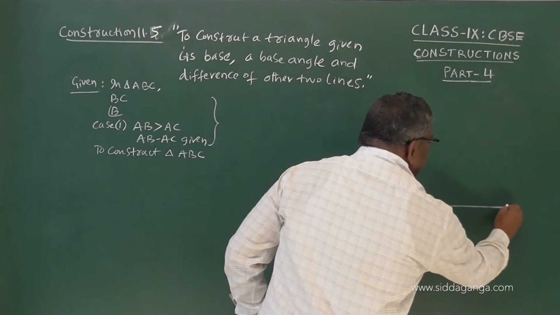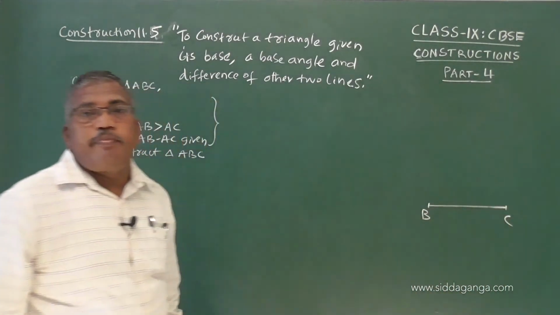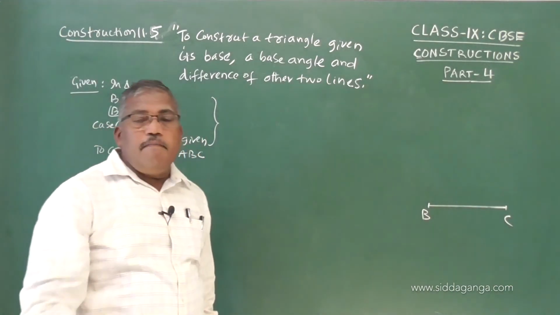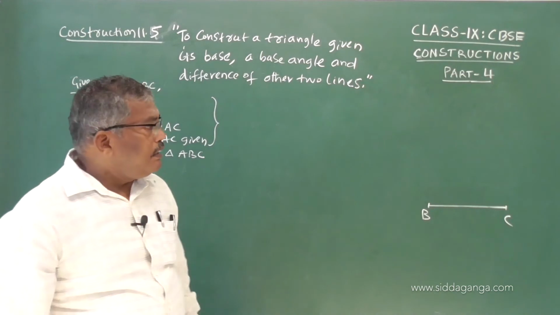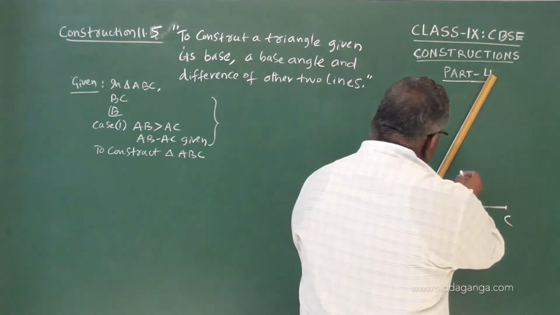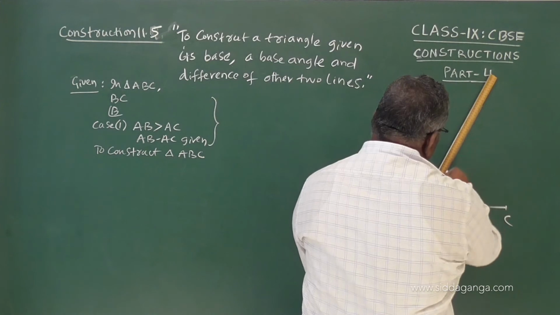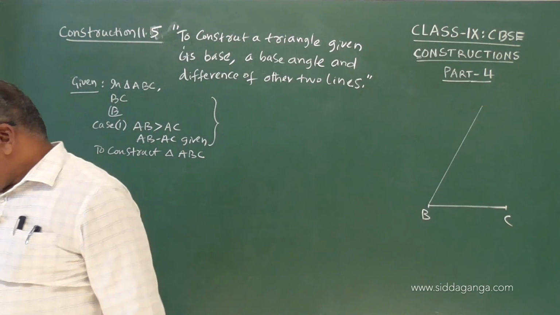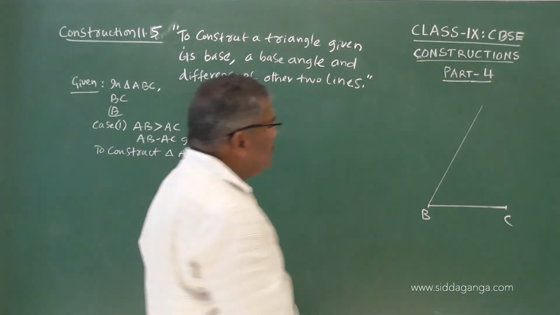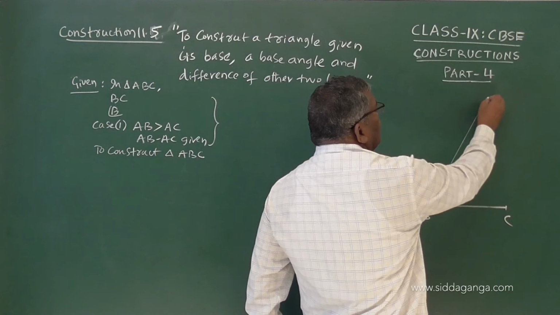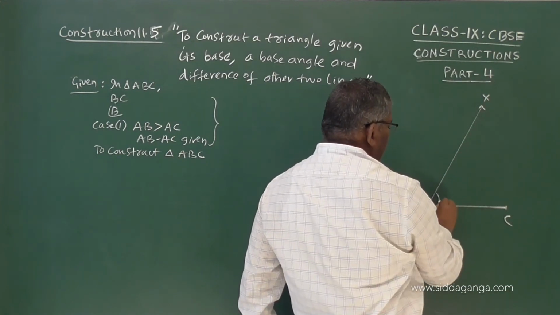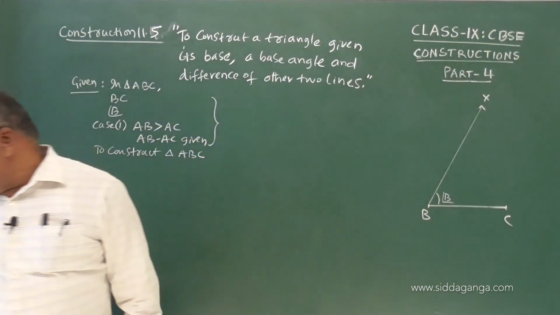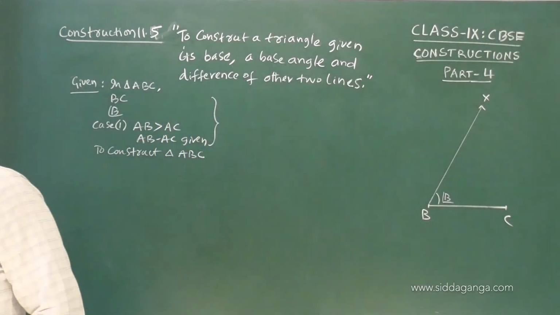This is B, this is C. Now, angle B is given. Using compass, as I have explained earlier, you construct an angle of the required dimension. Let us call this BX. BX is the ray with the required angle B.